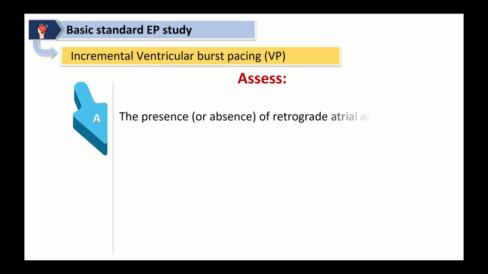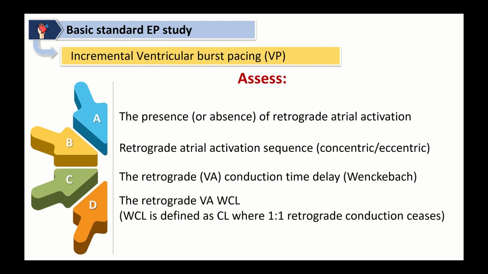Start with ventricular burst pacing to assess retrograde conduction. Golden rule: when we start with incremental ventricular burst pacing, we should assess the presence or absence of retrograde atrial activation to rule in or rule out an accessory pathway.